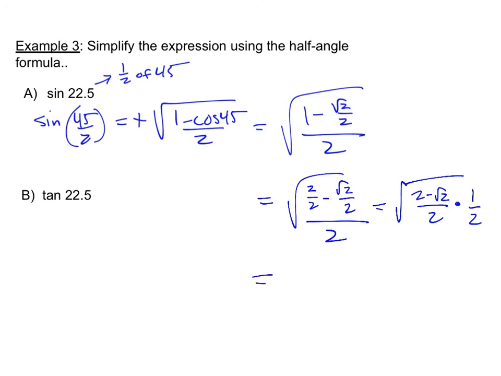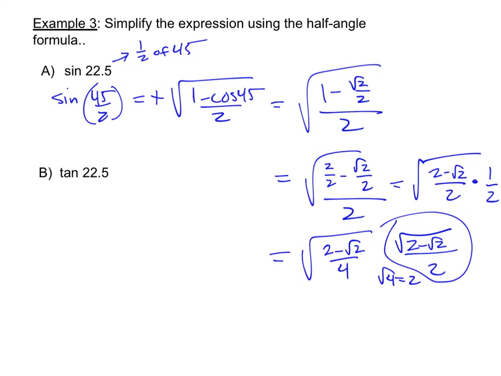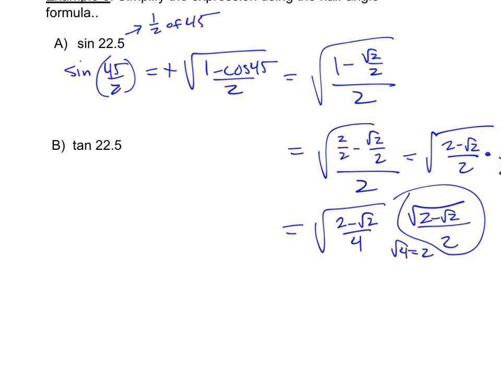So that becomes square root of 2 minus square root of 2 over 4. Then when I split it, square root of 4 just becomes 2. There's my final answer. All right, this takes a little bit of practice. I freely admit that. So you have to be very, very strong with your algebra skills here.